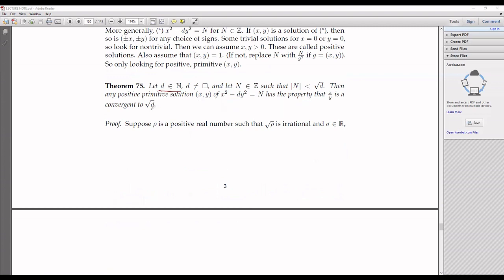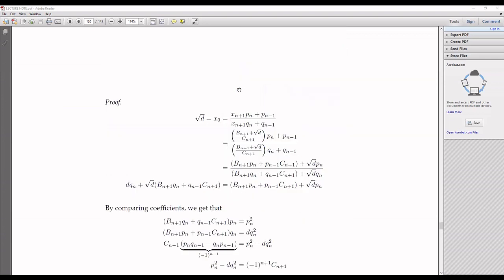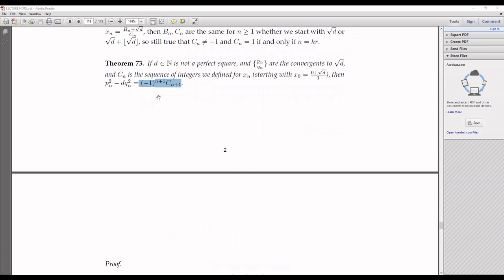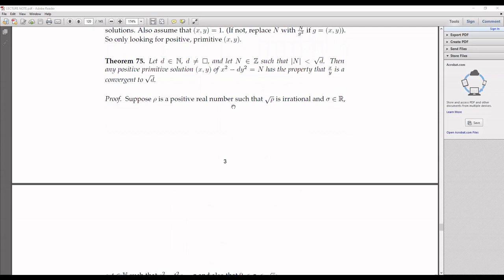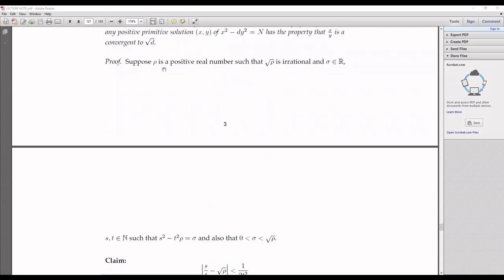Consider a positive integer value of d, which is not a perfect square, and consider an integer n where its absolute value is less than root d. Then any positive primitive solution (x, y) of this equation has the property that x by y is a convergent to root d, which we actually kind of claimed here. The only difference is that in this case, the right-hand side was 1, not n. So we have some proof to do here.